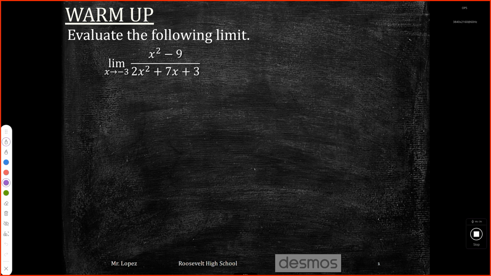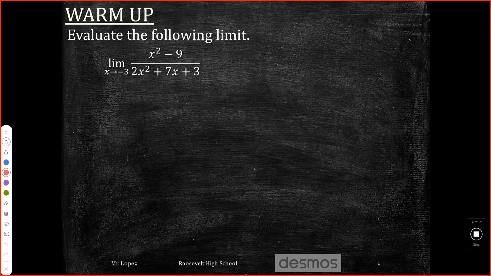Alright, the warm-up. Evaluate the following limit. So the limit as x approaches -3 of this rational function, if you plug in x equals -3, you will notice that you will get an indeterminate form.